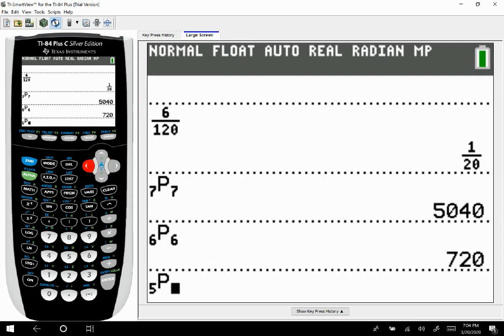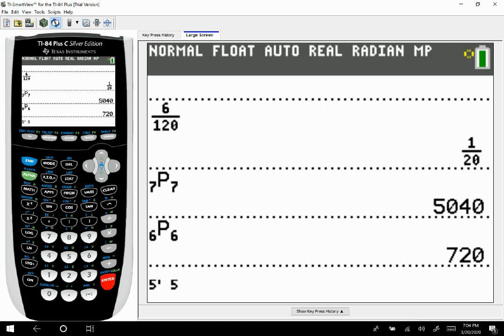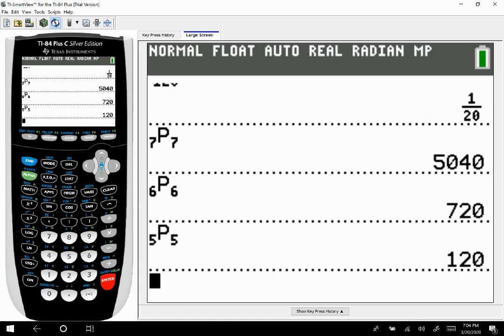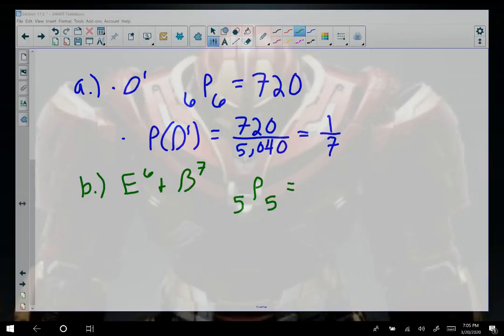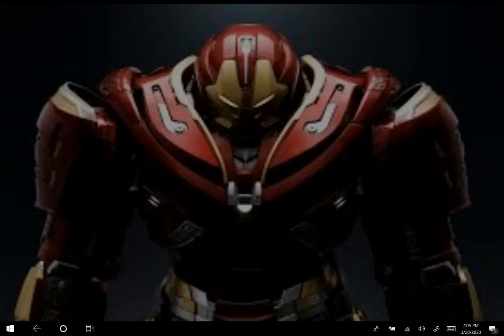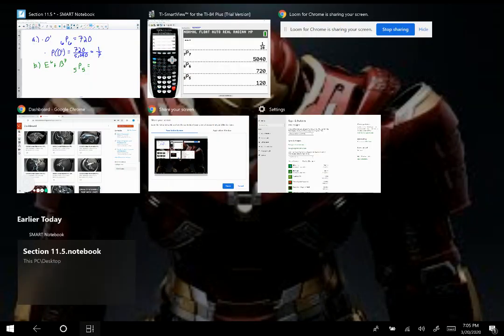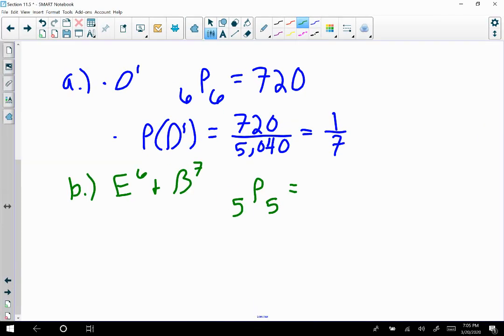And so there are 120 ways to do that. So there are 120 ways to do this.